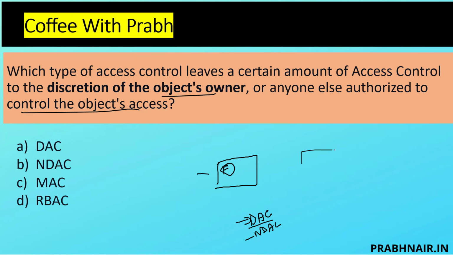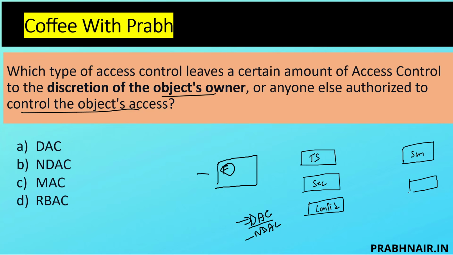So here we have top secret, secret, and confidential. And here we have only three classifications: senior management, management, and practitioner. Now we have data. Let's take a hypothetical scenario.